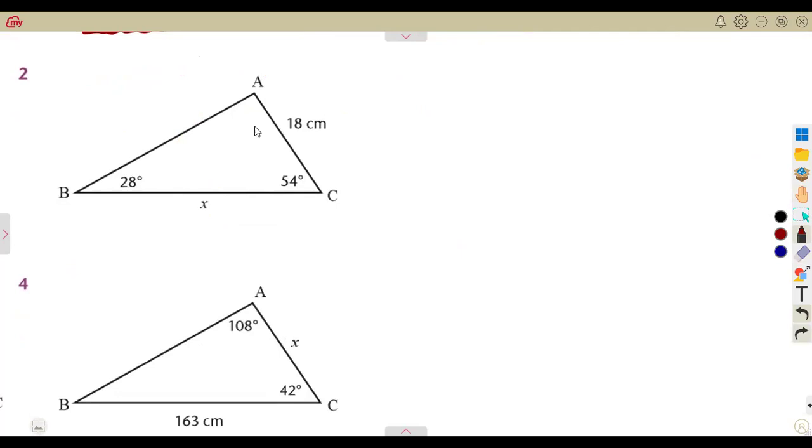So what are we supposed to do? Find at least the angle that you are given. So that's why we are given these two angles, because we do understand that angles in a triangle add up to 180. So to obtain the angle at A, we are simply going to subtract the angles that we are given, the 28 degrees and the 54 degrees, from 180 degrees.